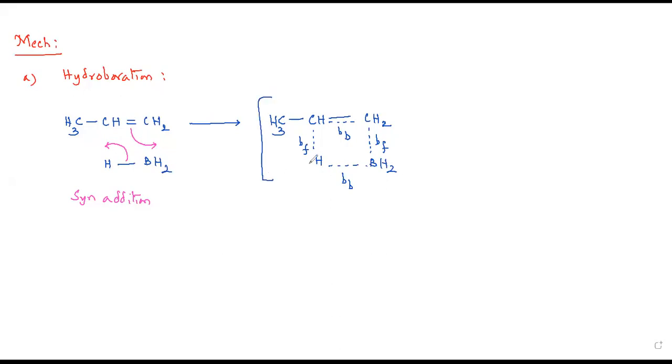So this of course is the transition state. Forming, breaking, forming and breaking, that's it, right? Now come on, CH3 CH, this becomes CH2, or else let us write it very clearly as this, then this CH2 BH2.